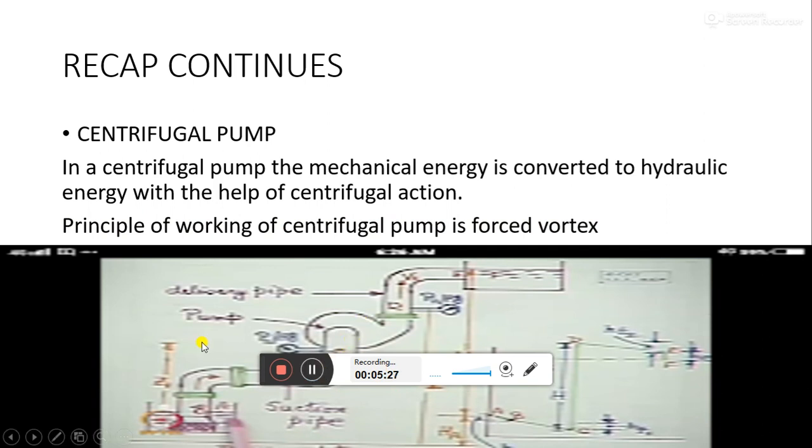We know that the flow path of water is from this reservoir through this suction pipe, then it reaches the pump, then through the delivery pipe it reaches the area of requirement or the high reservoir. So when we see the path, we clearly see that this is point A where the pressure is high and this is atmospheric pressure, right? Then it comes to point C, which is a low pressure region, and then it comes to D.